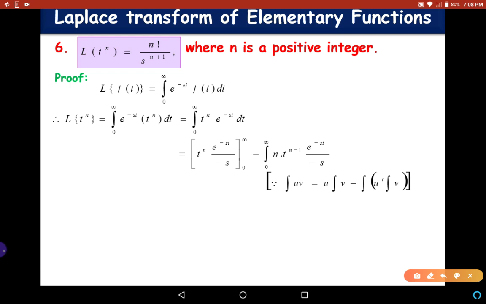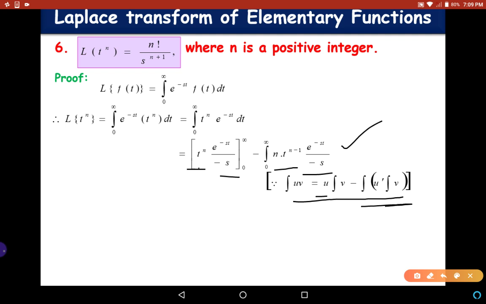So if we substitute u equal to t power n and v equal to e power minus st in this formula, then we can derive this. Here u is t power n, integral of v is e power minus st by minus s within the limit 0 to infinity, minus the second term, integral 0 to infinity u dash, that is derivative of t power n, which is n into t power n minus 1, times integral of v, that is e power minus st by minus s, dt.